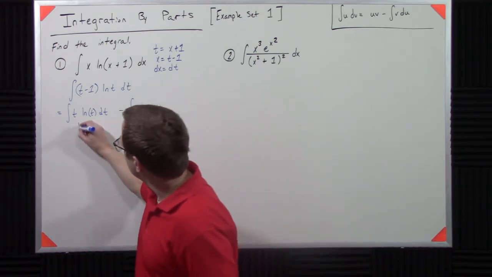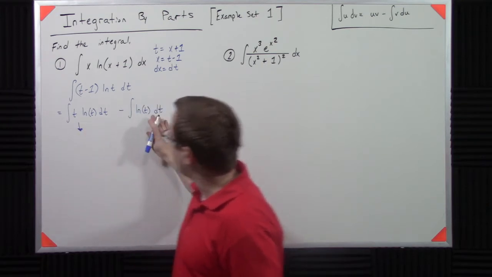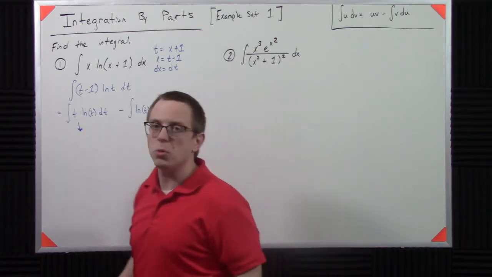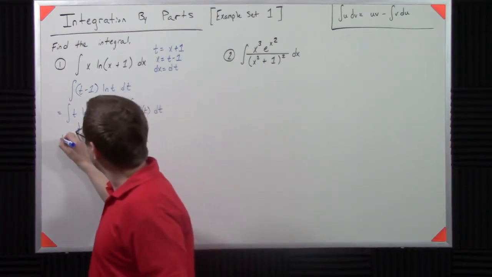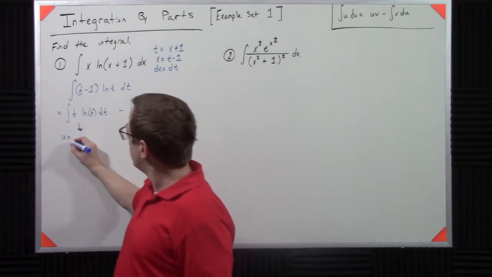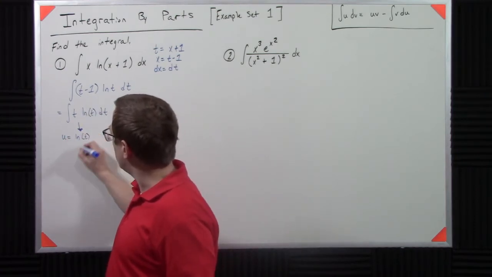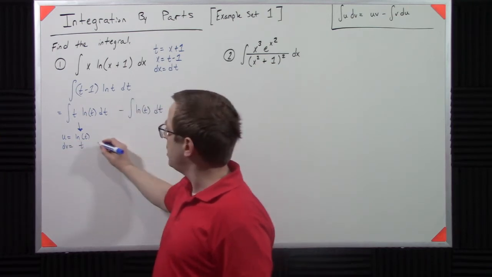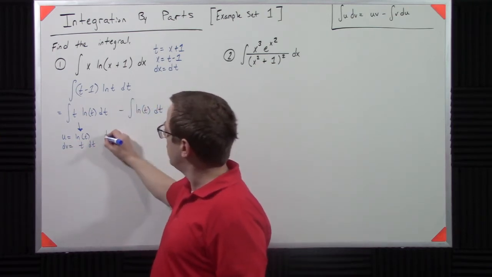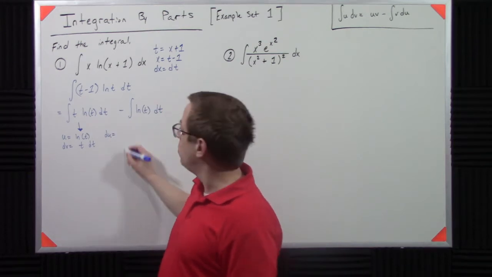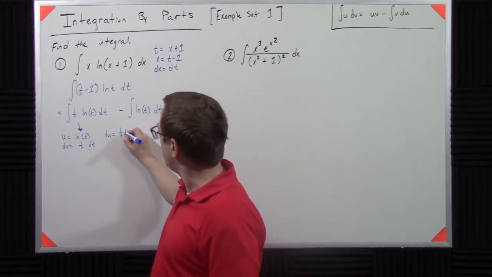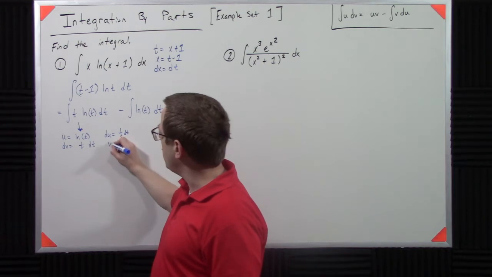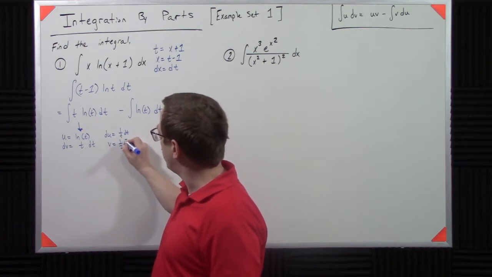So this piece here, we'll come back to the other one. We'll say u is natural log of t, dv is t dt, du is 1 over t dt, and v is 1/2 t squared.